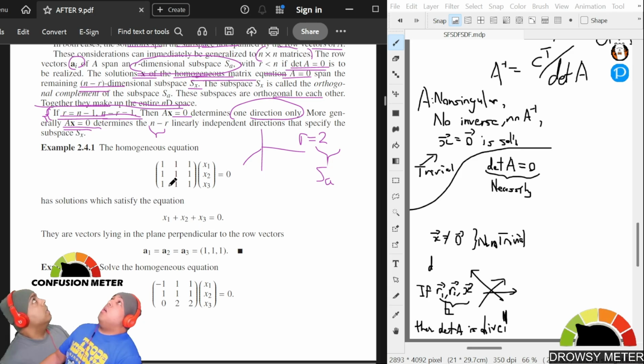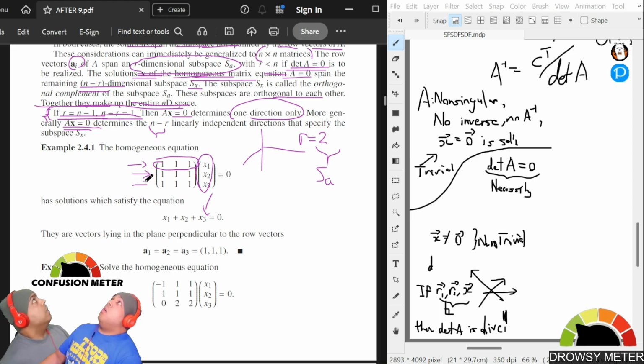Okay, the homogeneous equation has solutions that will satisfy the equation. Yeah, because this times this equals this. They are vectors lying in the plane perpendicular. Yeah. So these three are parallel.